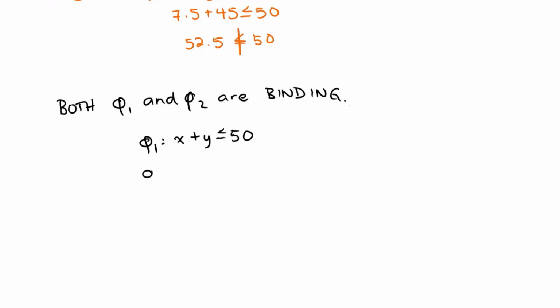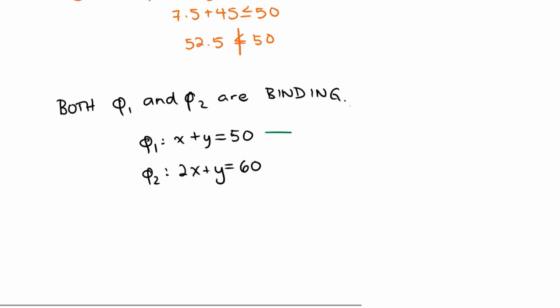And constraint 2, 2x plus y is equal to 60. Sorry, less than or equal to 60. Instead of using inequalities, I'm going to change these to be equal. And so now I'm going to solve this system of equations.